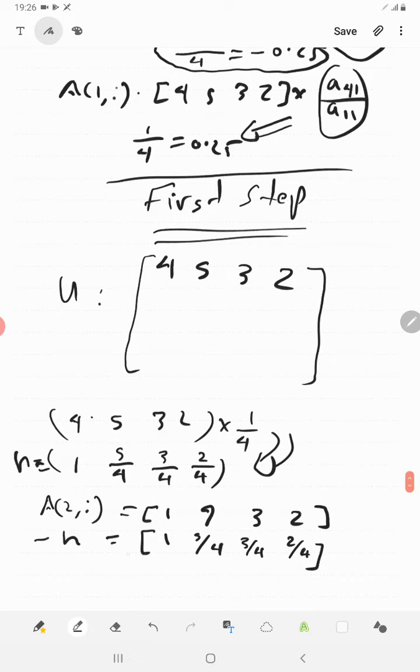Now if we subtract, A2 minus H: 1 minus 1 is 0, we put 0 here. Then 9 minus 5 over 4, 5 over 4 is 1.25.